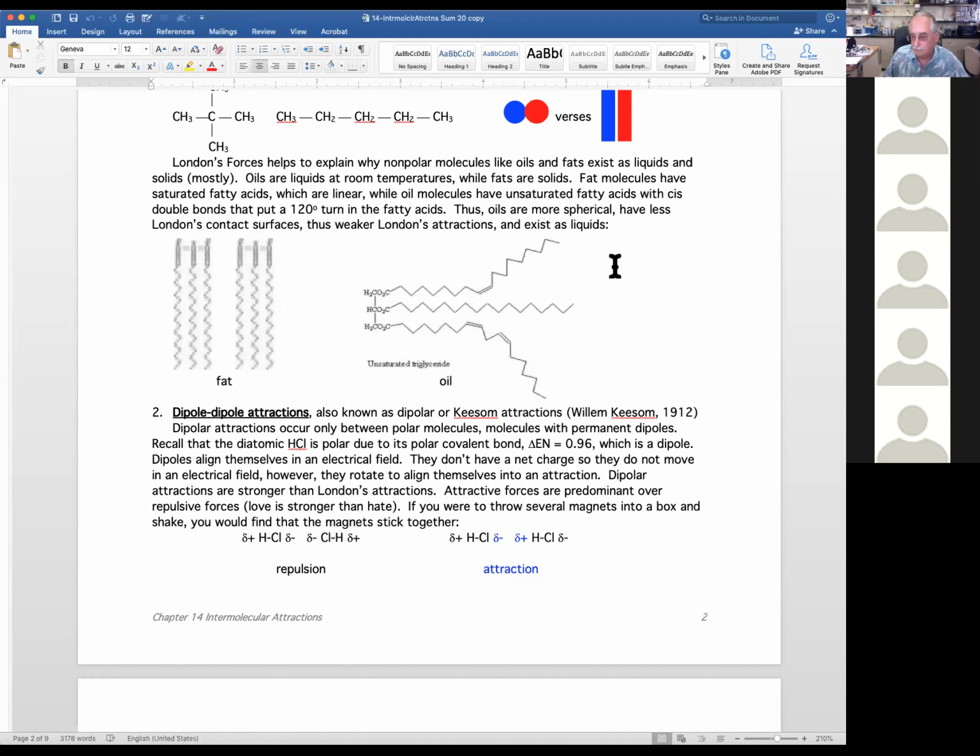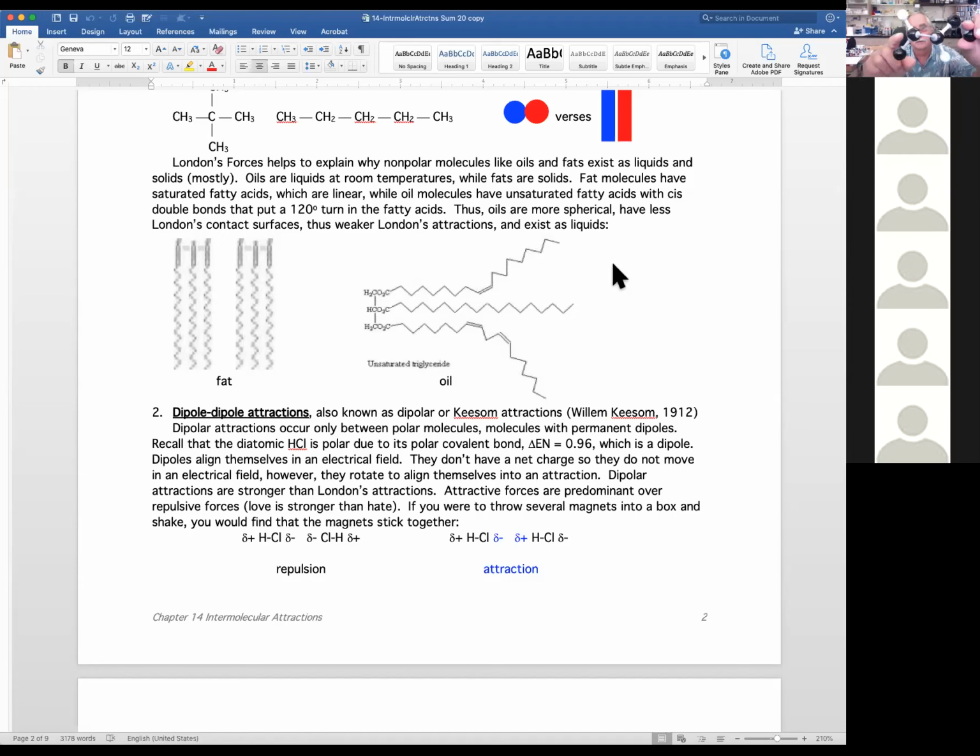And in nature, double bonds are almost always cis. Anyway, so here's a double bond in a long chain right here.